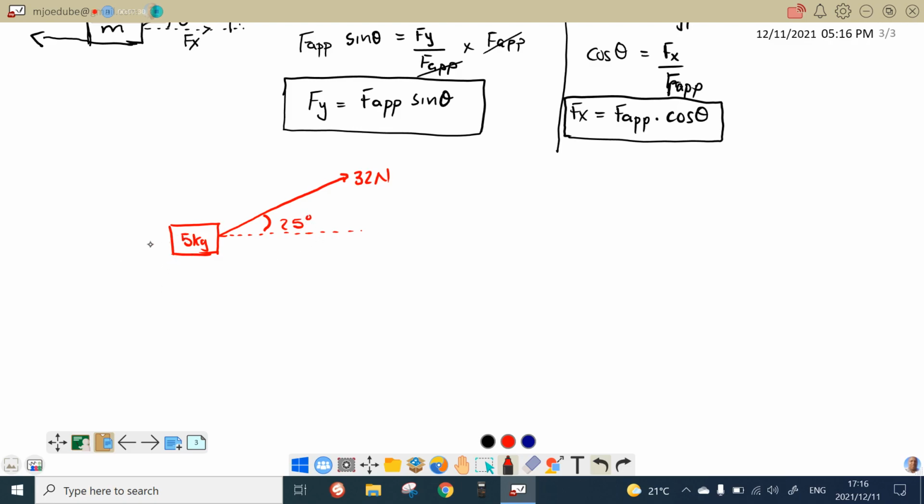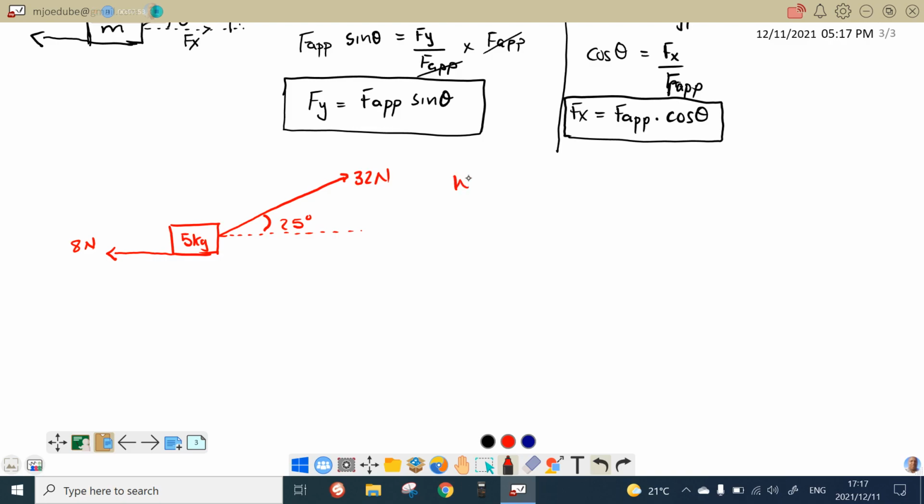There is also a force that opposes the motion of that object, and that force is 8 newtons.